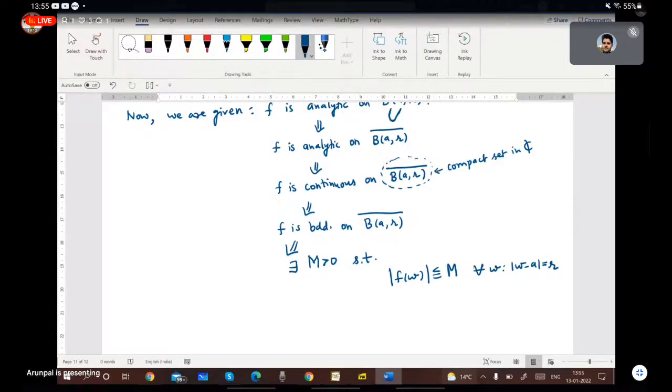If it is bounded, then on each of the points of the trace, we will have this. Is this okay, class? Because certainly this contains the trace, right class?